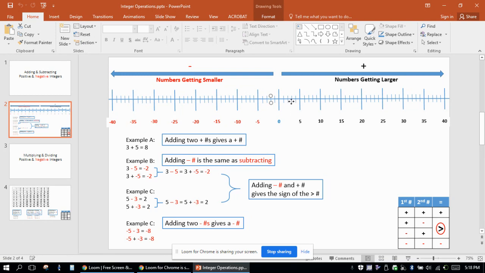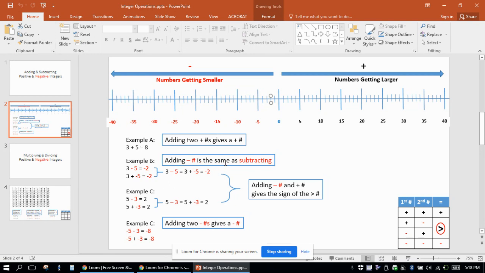We start out with 3, and then it says to add. Add normally means you're going to go right, but because the thing being added is a negative 5, we actually go back to the left 5. So this is 1, 2, 3, 4, 5, and once again, we wound up with a negative 2.